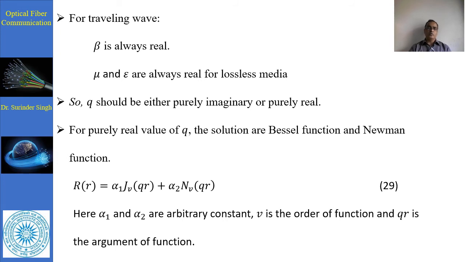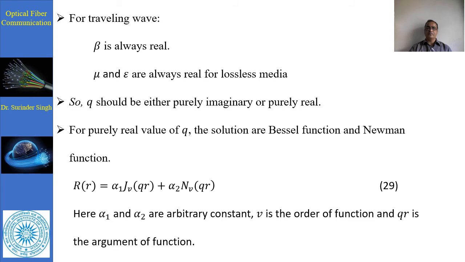Now Q should be either purely imaginary or purely real. For a pure real value of Q, the solution is a Bessel function and a Neumann function, which we have put here instead of xi, the function of r. It has two solutions: alpha 1 J v of qr plus alpha 2 N v. This is the Bessel function basically.